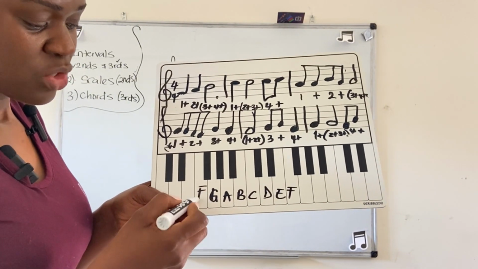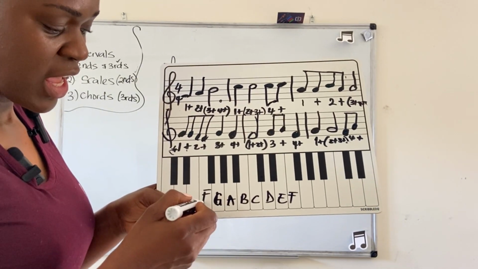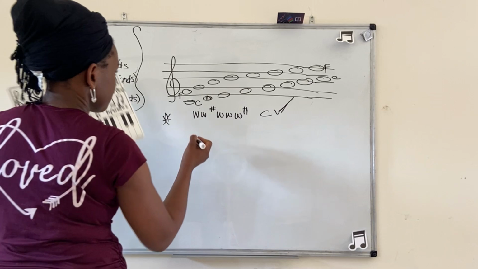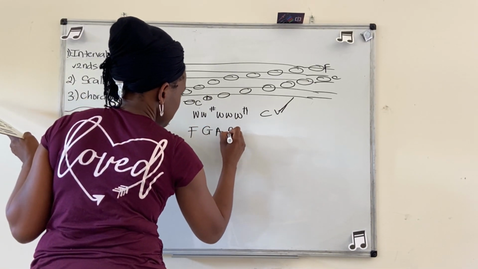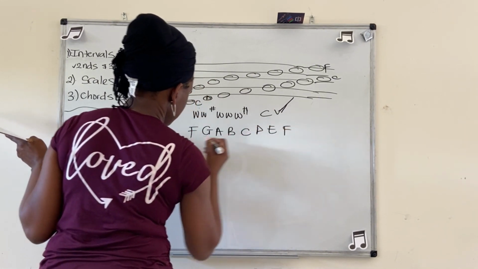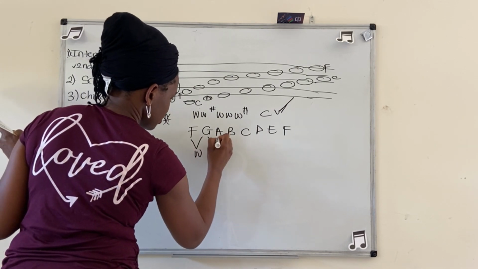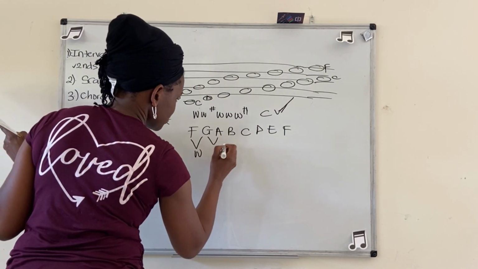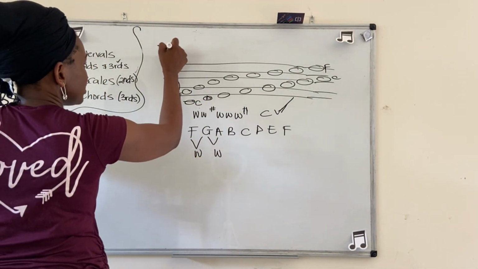That's a whole step. And G to A is another whole step. Now we need a half step here to be able to make it a major scale.